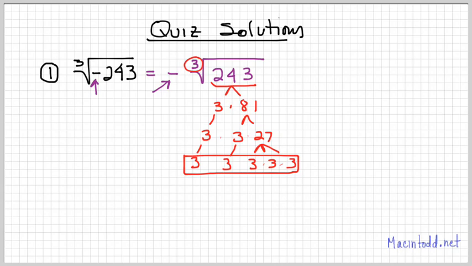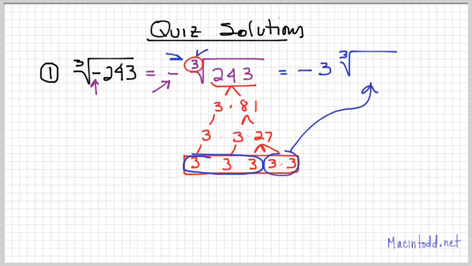Now the question that a cube root is asking is, what have I multiplied together 3 times? Well, I have 3 3's that are multiplied together. So I've got my negative on the outside. A 3 is the answer to what is cubed, or what is multiplied together 3 times. And then I have a 3 times 3 that stay in the radical, but we don't write 3 times 3, we just write it as a 9. Okay, so there's problem number 1.